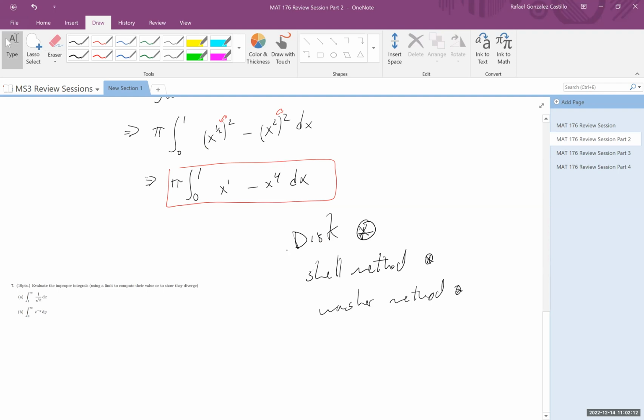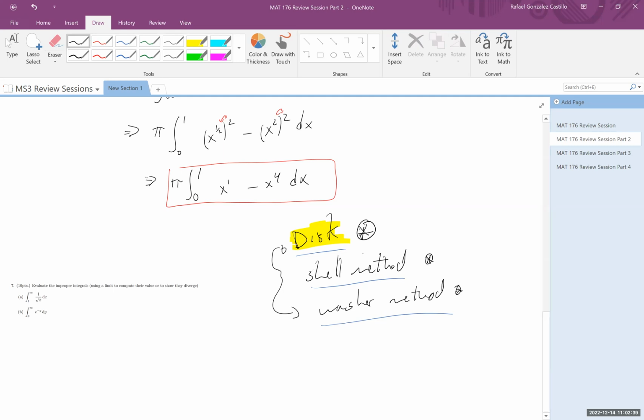These are the 3 techniques that you learn in Calculus 2 when it comes to revolving areas to get volume. If you don't remember any of them, I suggest that you review them, especially this method. For this type of problem on the final, typically this method is what's covered. But you should know all 3 of them.